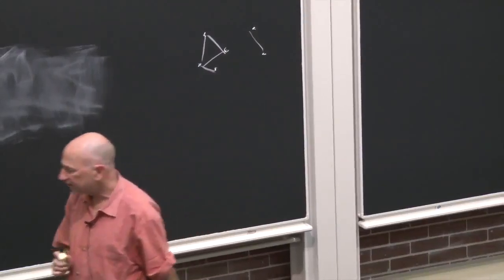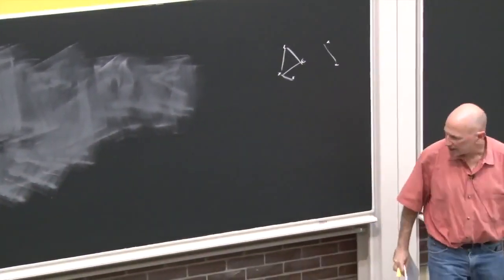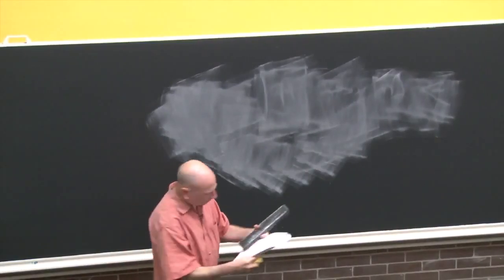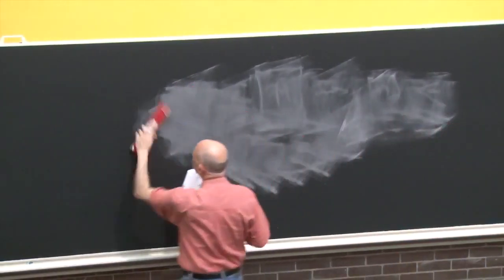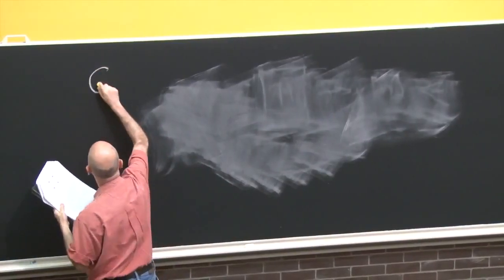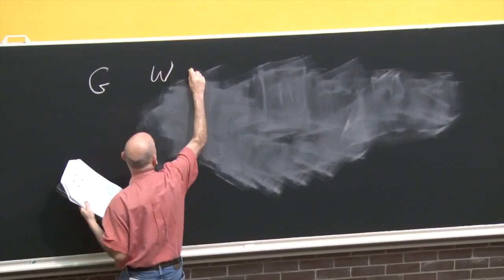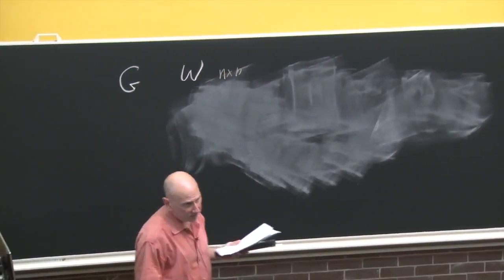And the graph can have weights, so the edges can be weighted. So we're going to have a graph G, and we're going to have a matrix W. This is going to be an n by n symmetric matrix. Just think of this as some sort of weights.